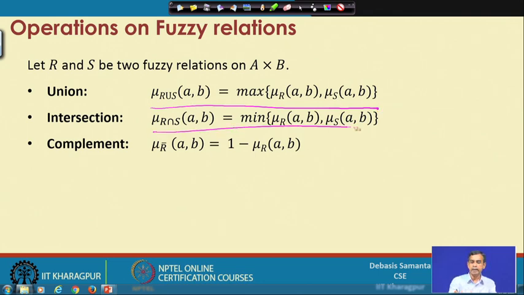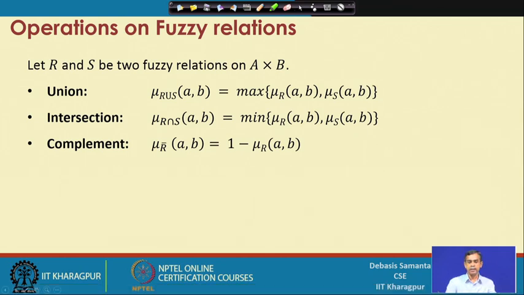Intersection is taking the minimum of the two entries, and complement is a unary operation. If it is mu R, then the entries in the relation matrix will be the complement, that means 1 minus mu R. Some examples can be followed to understand this concept.